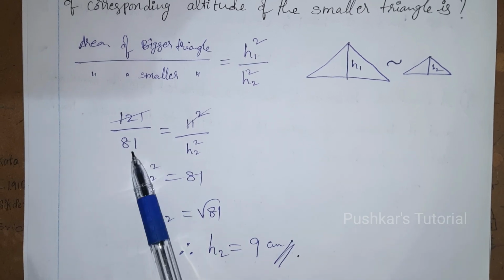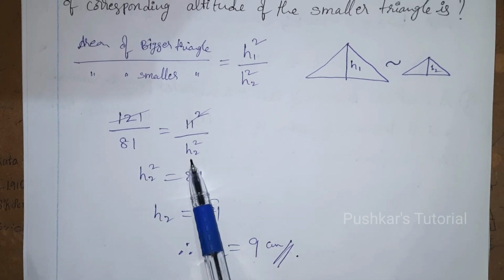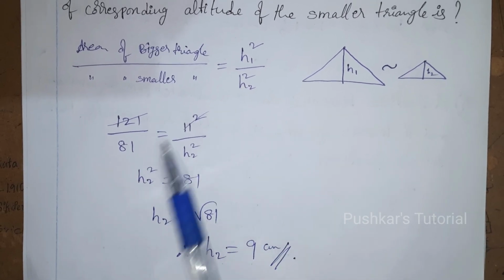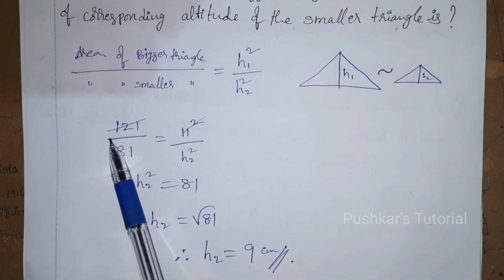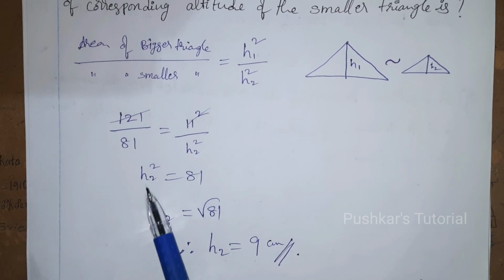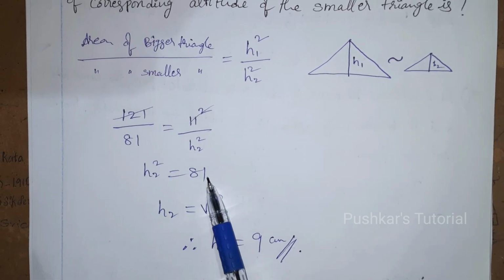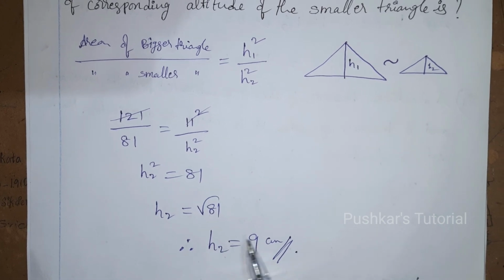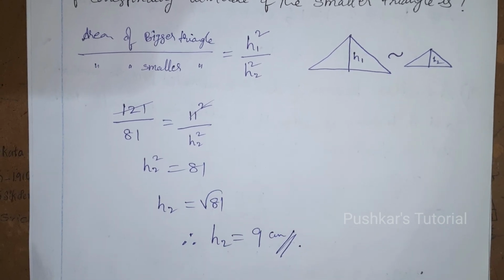So 121 by 81 equals 11 square by h2 square. 11 square is 121, 121 gets cancelled, cross multiplication, h2 square is equal to 81. So root 81 is 9 centimeters.